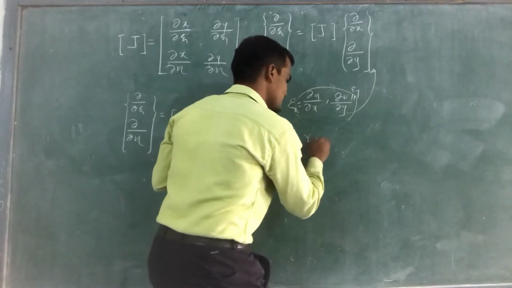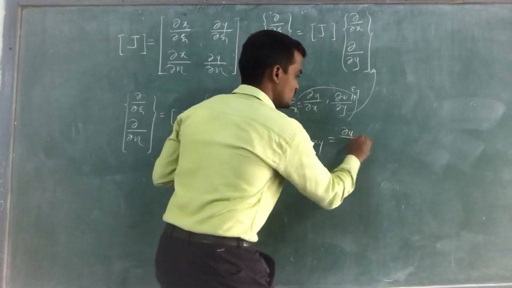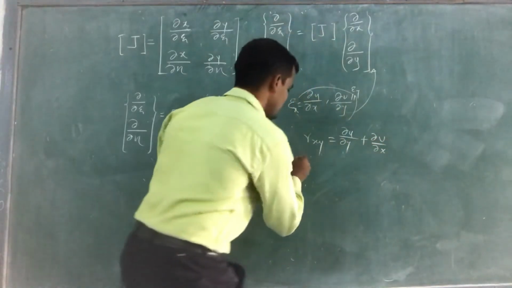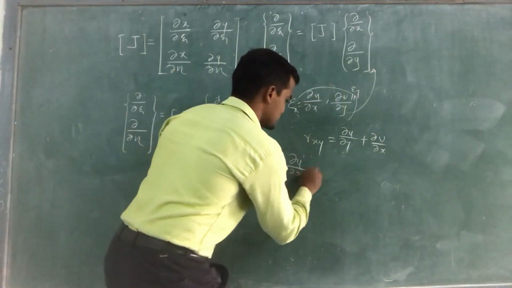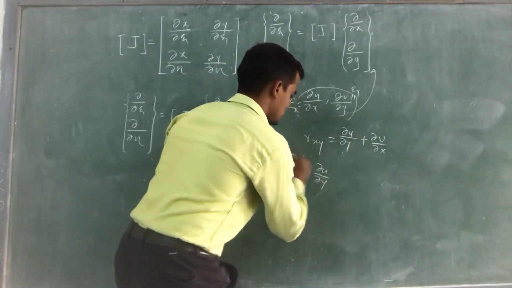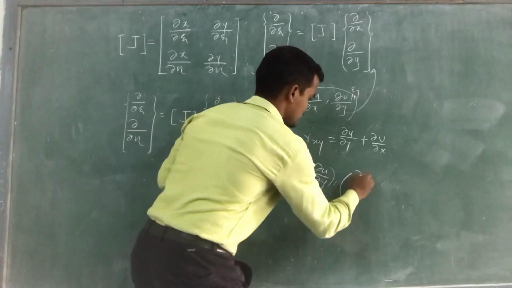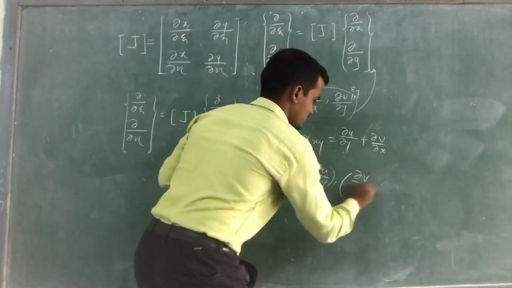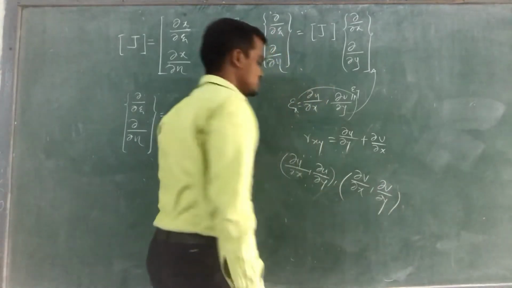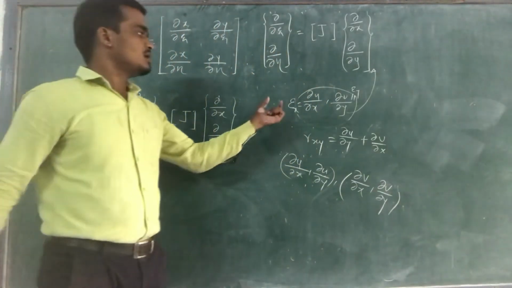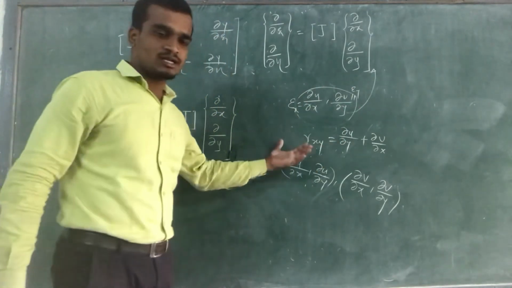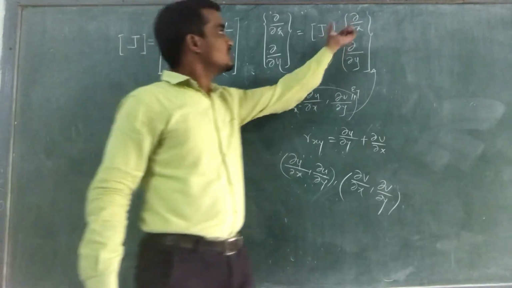But for this γxy, we need ∂u/∂y plus ∂v/∂x. It means we need ∂u/∂x, ∂u/∂y, similarly we need ∂v/∂x as well as ∂v/∂y. So these four terms we need to find out εx, εy and γxy. Okay, and these four terms we will get from this vector only.